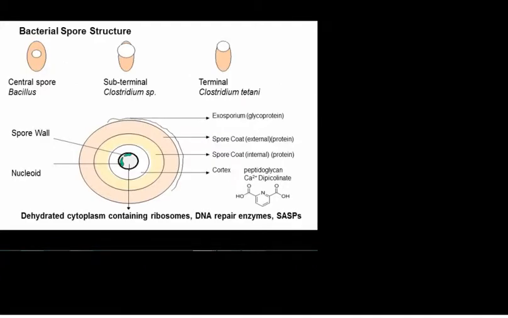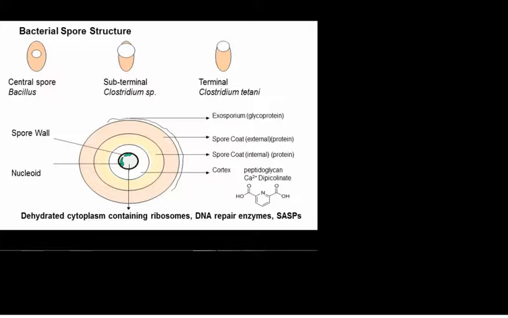Okay, so the last bacterial structure you will need to know about are endospores, which are only formed by some gram-positive rods, gram-positive bacilli. You don't find endospores in gram-negatives at all.